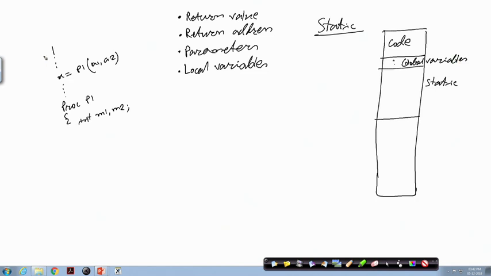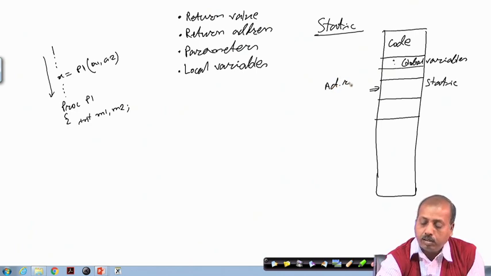By analyzing this program, we know that at this point procedure P1 is going to be called. So, we earmark a portion within the static area to act as the activation record for P1.